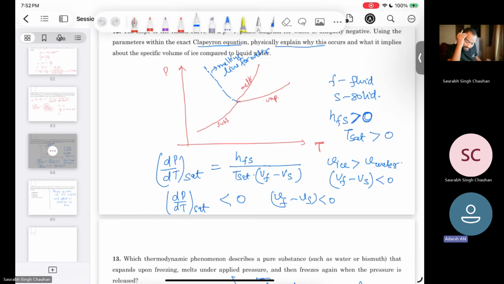If you want to keep temperature constant and you are increasing the pressure, I read that heat has to come into the system because temperature will try to reduce.